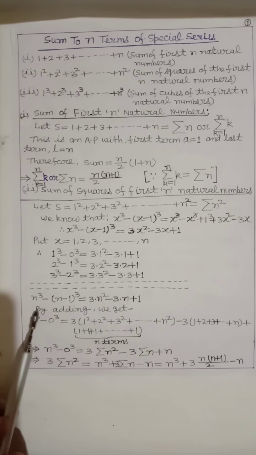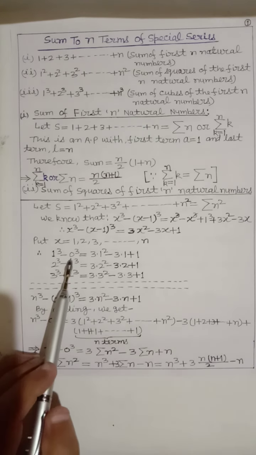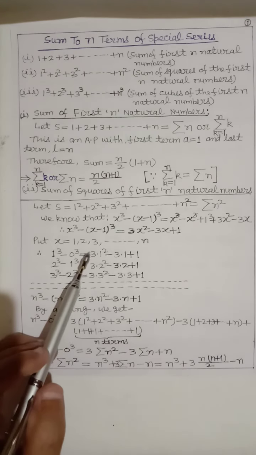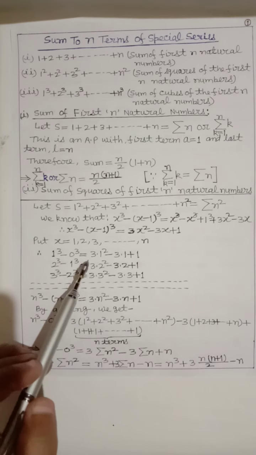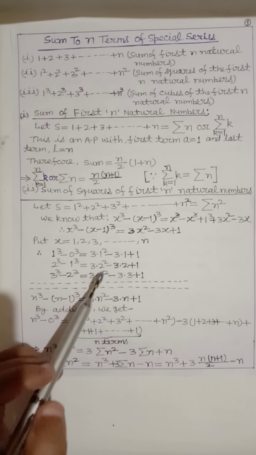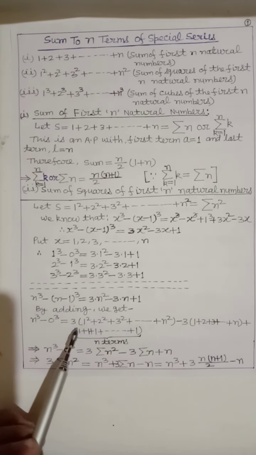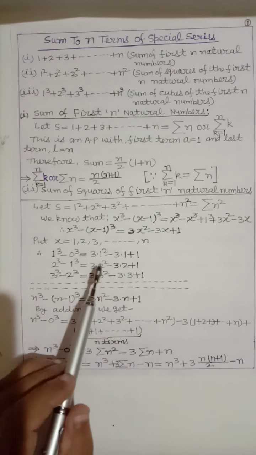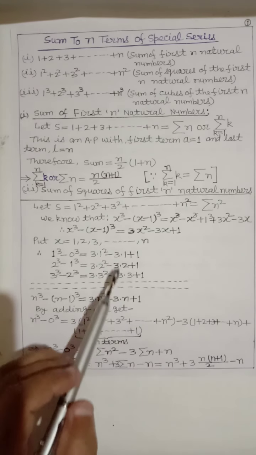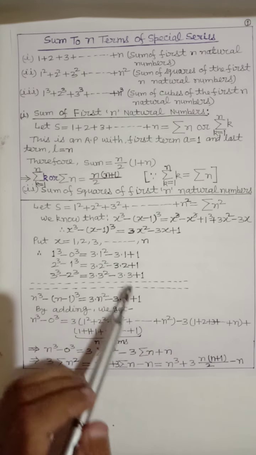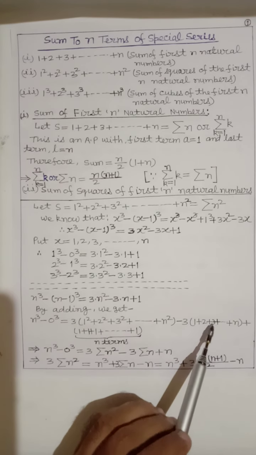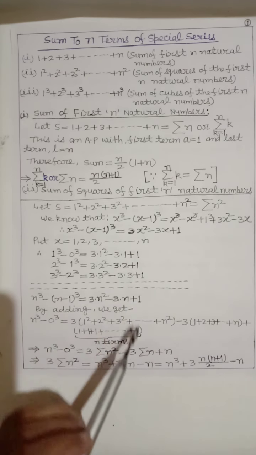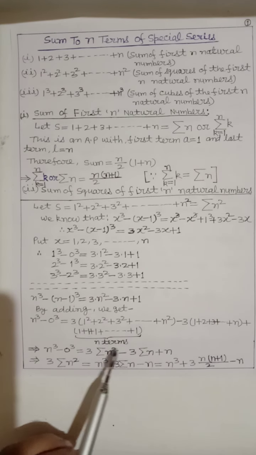And finally we get only n cube minus 0 cube, and this is equal to, if we take common from the squares term, we get 3 into 1 square plus 2 square plus 3 square plus and so on plus n square, minus, here we can also take 3 as common, minus 3 in bracket 1 plus 2 plus 3 plus and so on plus n, plus 1 plus 1 up to n times, that is n terms.